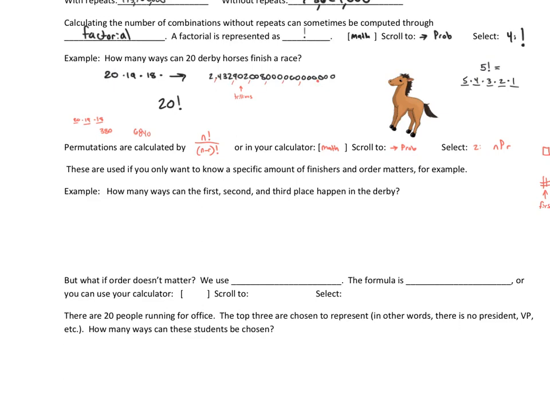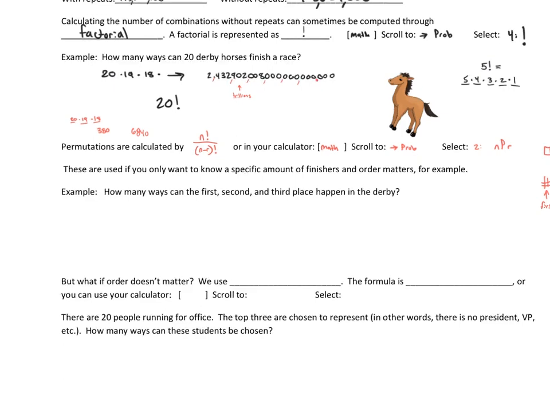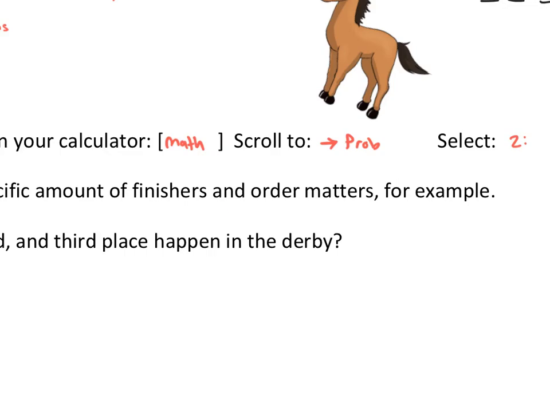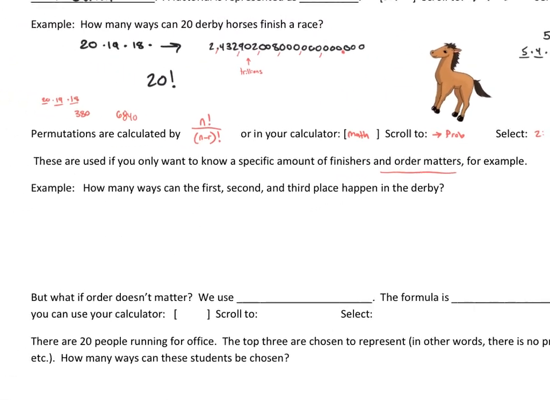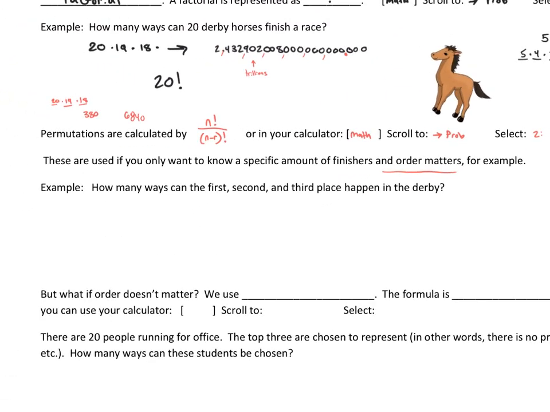So permutations are used if you want to know a specific amount of finishers, and not just any order, but the order matters. For example, how many ways can first, second, and third place happen in the Derby? So we were talking about that up top, just the total number of ways that it can happen. And we saw that it was 6,840.